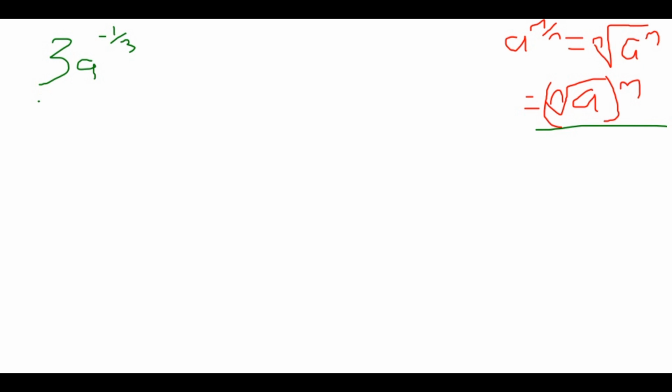Now, in the previous law I was discussing, I said that whenever you have 2 or 3 figures attached to each other, it simply means that it's going to be one figure multiplied by the other, which in this case will be 3 times a to the power of negative 1 over 3.